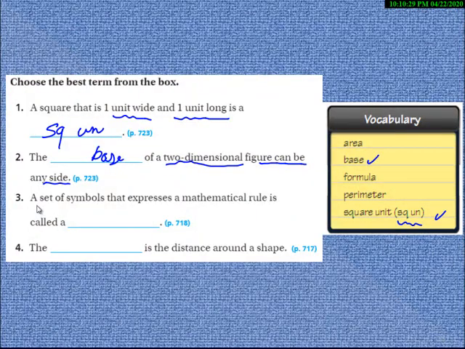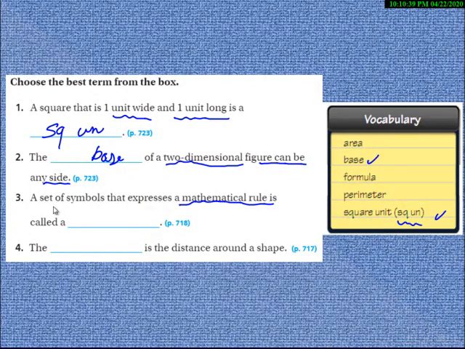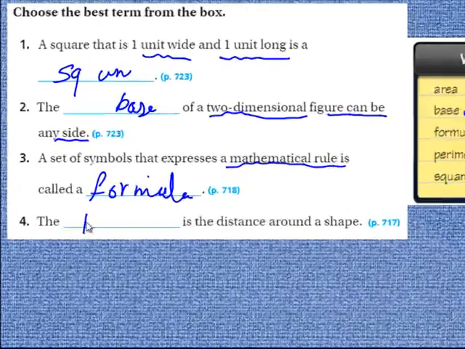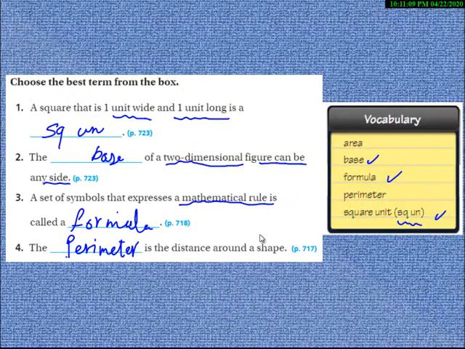Number 3: a set of symbols that expresses a mathematical rule is called a formula. Yes, formula. Number 4: the what is a distance around the shape? Yes, excellent guys. Perimeter. Great job.